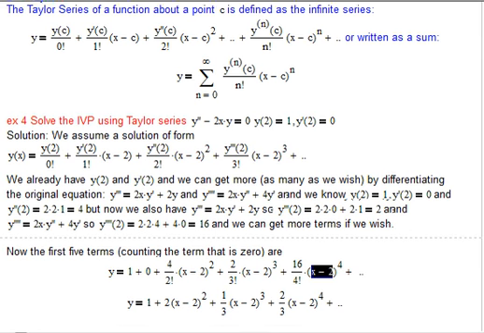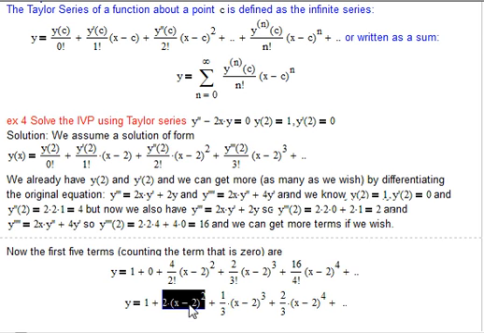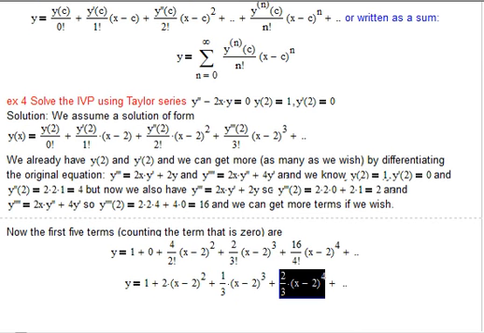Then simplifying each of those, you can see we get 1 plus 2 times x minus 2 squared plus 1/3 times x minus 2 cubed plus 2/3 times x minus 2 to the fourth. And we've got our solution y out to 4 terms of the Taylor series that would be the solution of this equation.